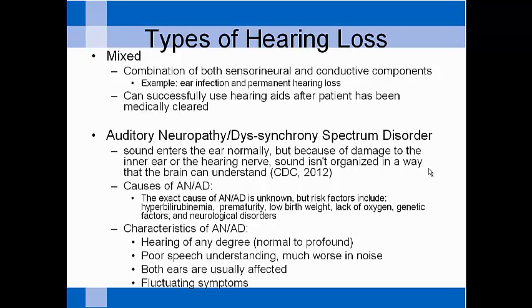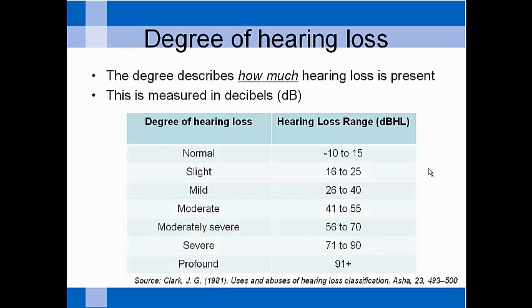Both ears usually tend to be affected, and this is known to kind of fluctuate, meaning maybe at one point their hearing is really good, very normal, and then maybe the next month when they're tested, they're showing a severe hearing loss. So it can tend to fluctuate quite often.